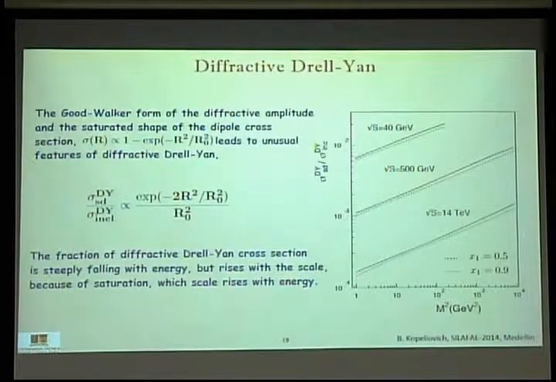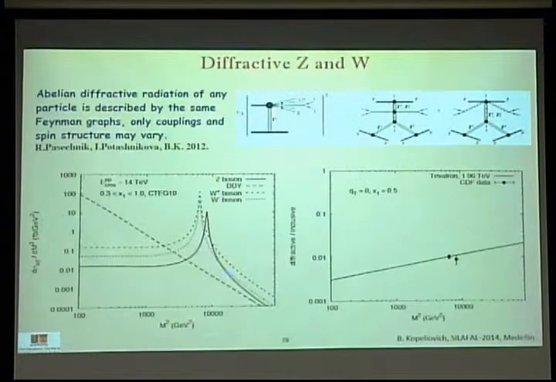And you see it's a pretty unusual behavior. I demonstrated that in diffractive deep inelastic scattering such a ratio is Q squared independent. Here it does depend. It steeply rises with M squared. On the other hand, it's steeply falling with the collision energy. And I don't have time to explain, but it comes actually from the saturation effect, which is nowadays very popular.